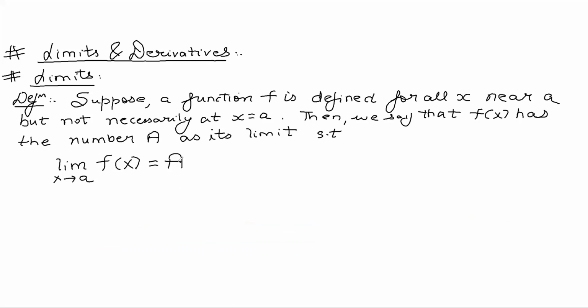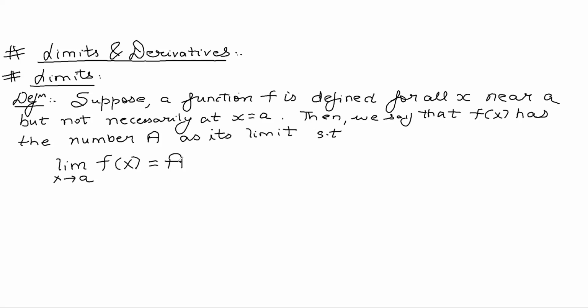So let me revise the definition with all the students once again. Let us consider a function f. I suppose students have done the concept of functions in high school. Suppose we have a function f which is defined for all the values of x near a, but not necessarily at x equal to a.